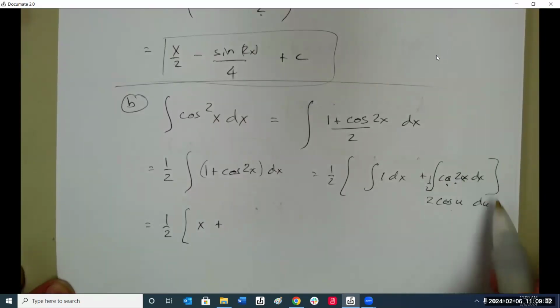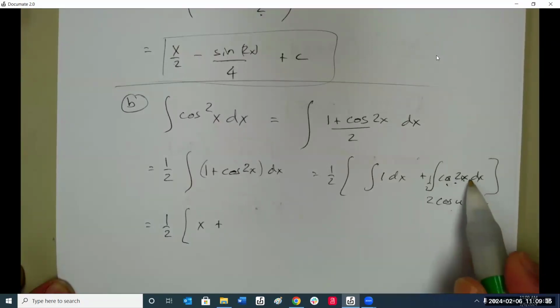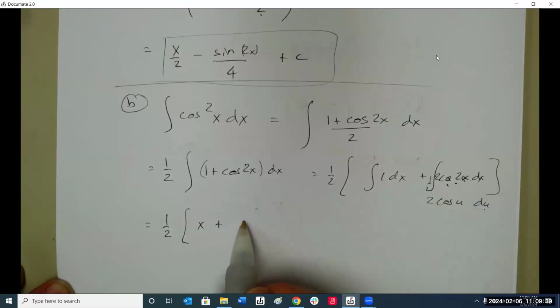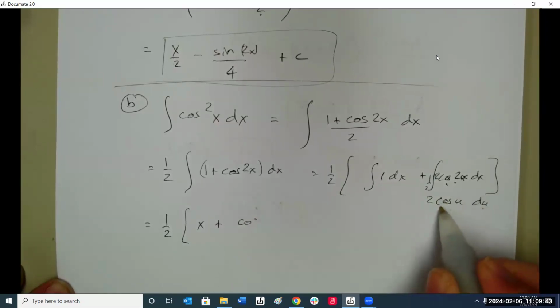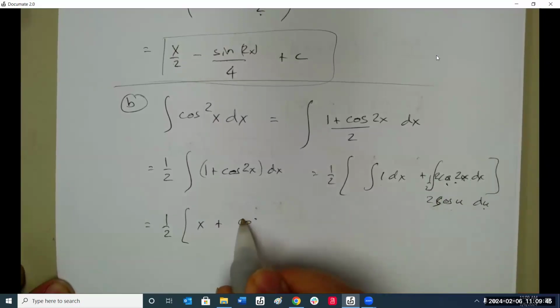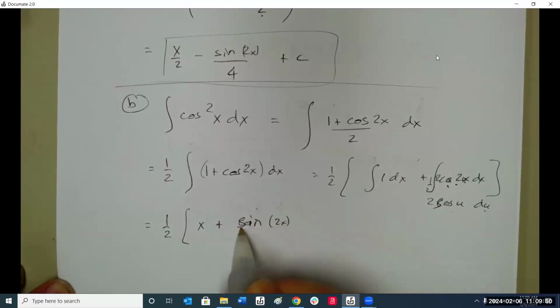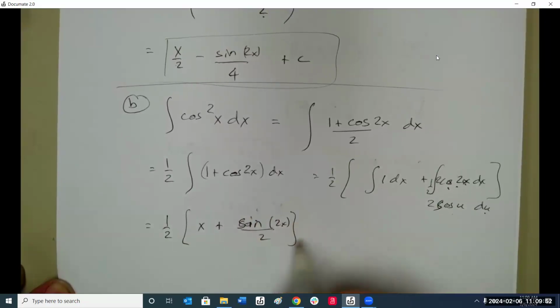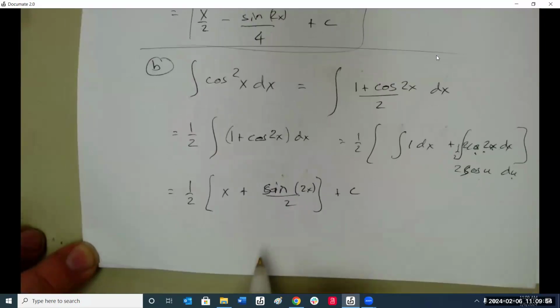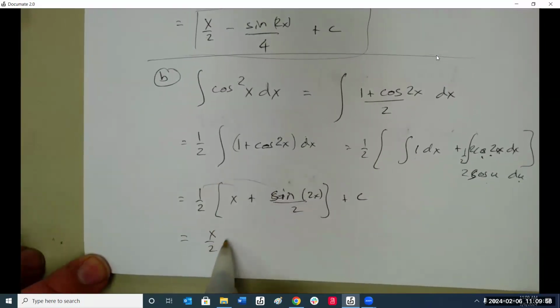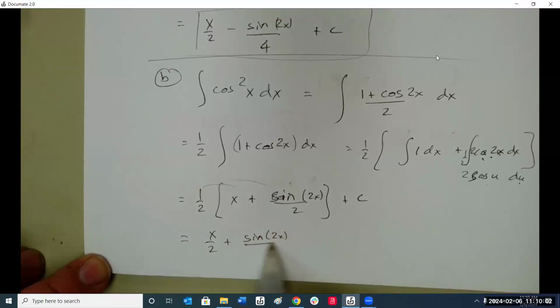We put a 2 in front and divide it by 2. Integral of cosine is sine. Sine 2x divided by 2. Distribute. We have x over 2 plus sine 2x over 4.